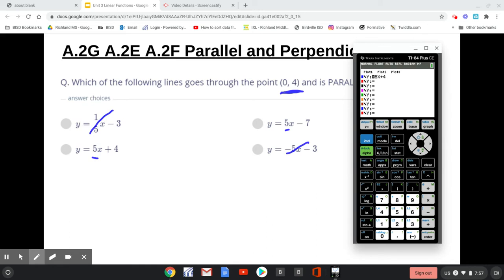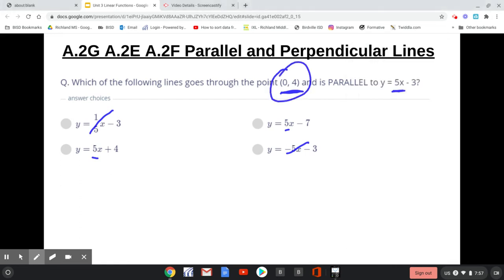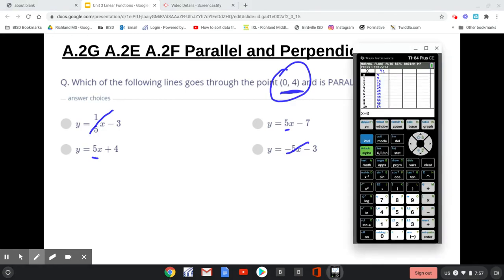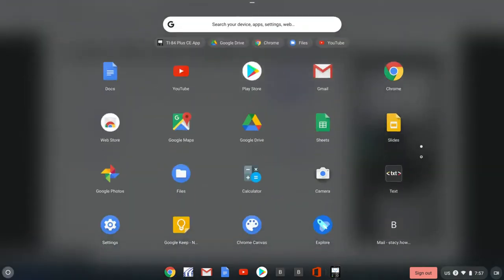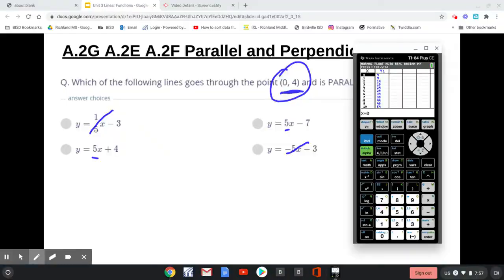And we're going to hit second table. And now we're looking to see if x is 0 and y is 4. And we can see right here that it is.